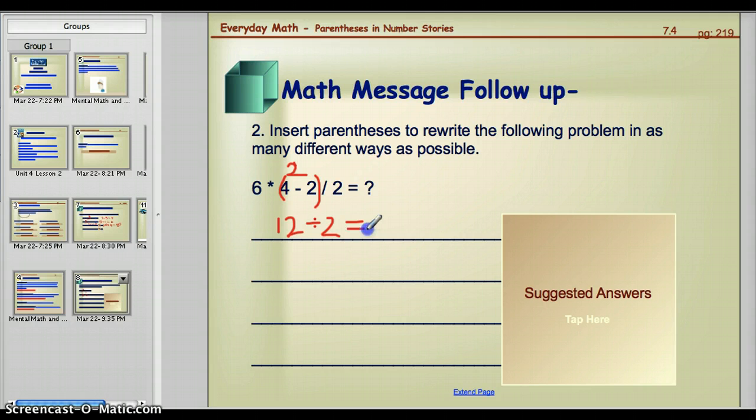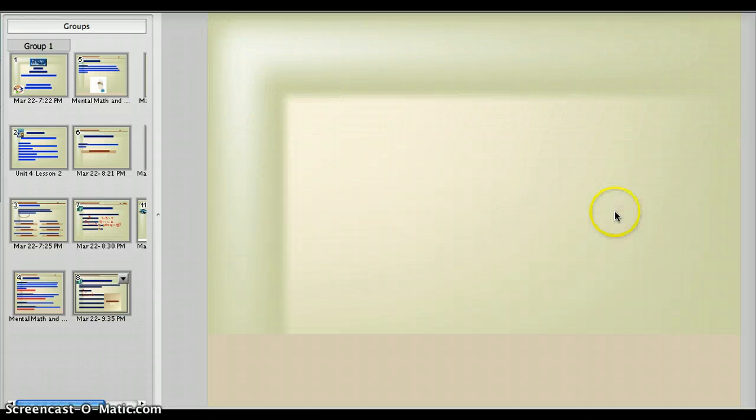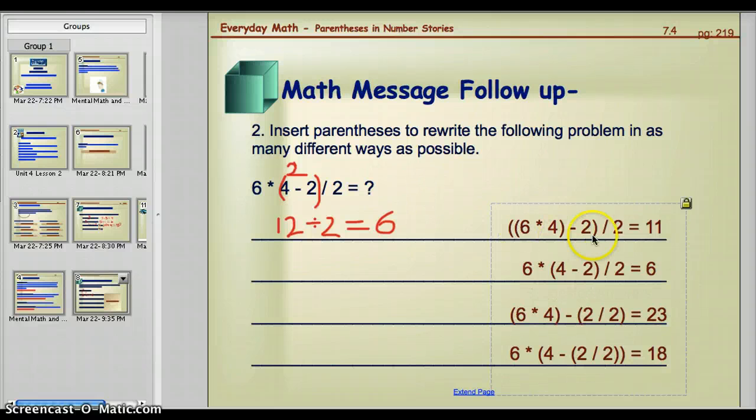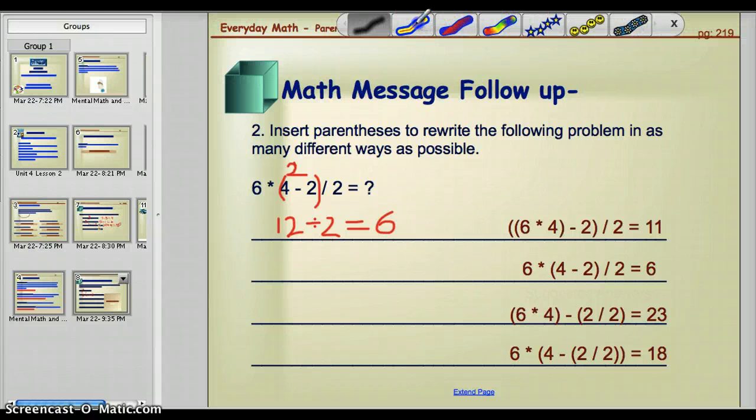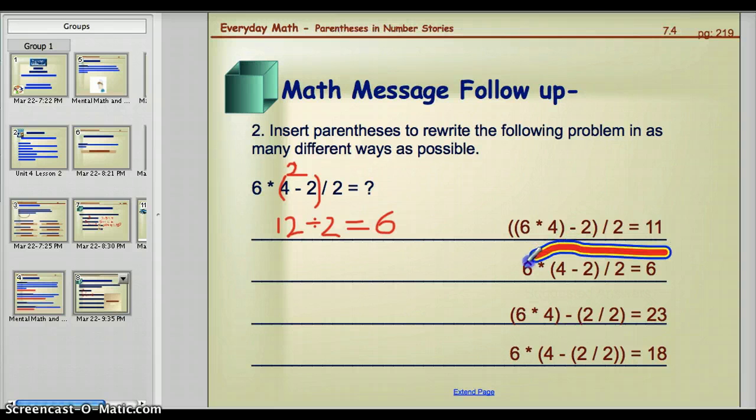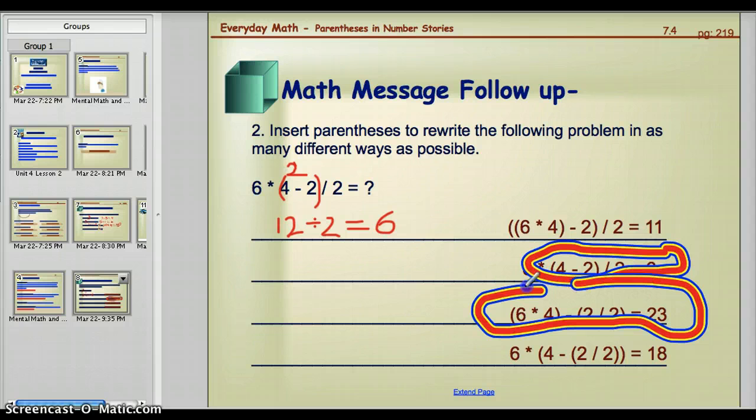So now we have a very different answer than we had at the beginning with 23. Okay? And I would click on what they have for some suggested answers. So we have 6. Let me highlight these here. There we go, 6. We did this one. We had 23, and then there were 2 other solutions that we could have tried altogether to get an answer of 11 and an answer of 18.